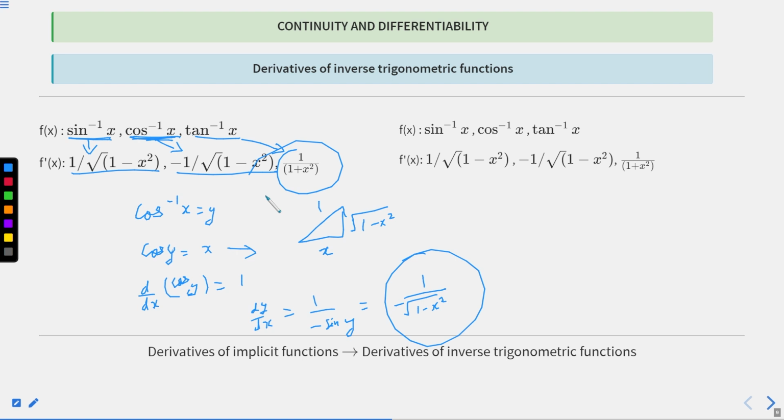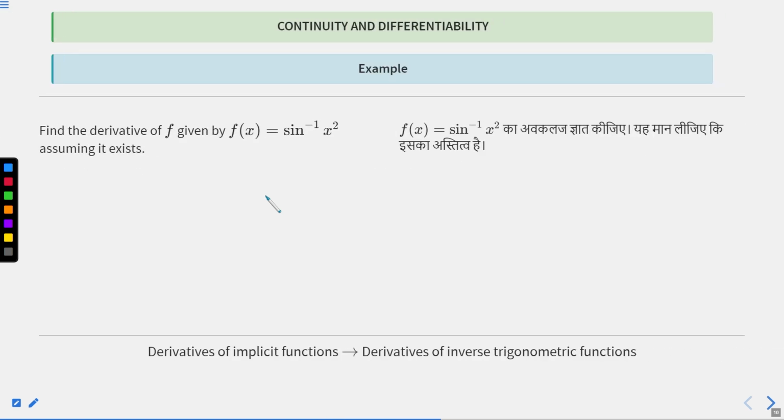Here we have to find the derivative of f given by f(x) is equal to sine inverse x square, assuming it exists. Very simple. I will be using the chain rule. In the chain rule, you all know I have to first find the derivative of the inside function, then the derivative of the outer function, and then multiply.